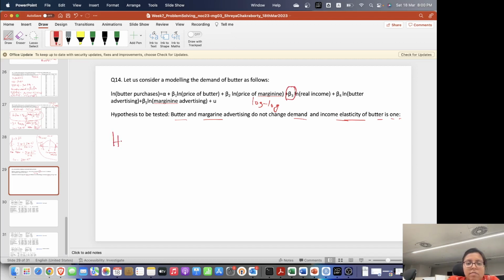So this is my H naught: butter and margarine advertising do not change demand. Then the H naught is beta 4 equal to 0, beta 5 equal to 0, and beta 3 is 1. This is my H naught with 3 restrictions.